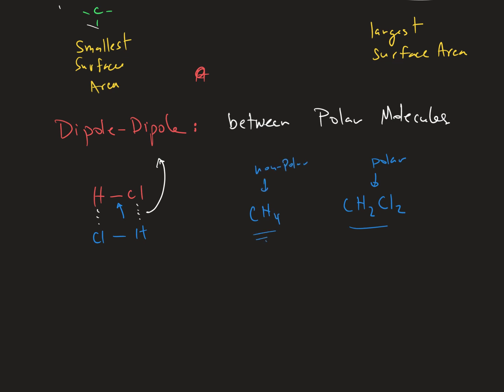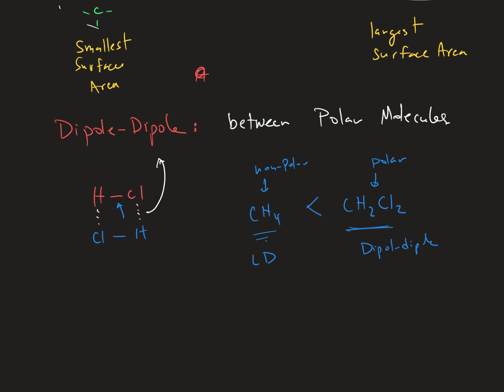So what intermolecular force is holding these ones together? The carbon and the hydrogens? That's the London dispersion force. Which one's holding the CH2Cl2 together? That's the dipole-dipole. And a dipole-dipole is stronger than a London dispersion force. Therefore, it's going to take more heat to break them apart and get it to boil or melt.